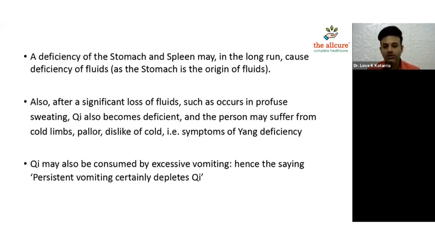The chi was totally depleted. So he was unable to eat anything. Vomiting was too much. So he was presented to me. Ultimately what we had to do, I put in some acupuncture, and the vomiting stopped, but the chi was so low that ultimately I had to put him on some drip so that some body fluids are back.